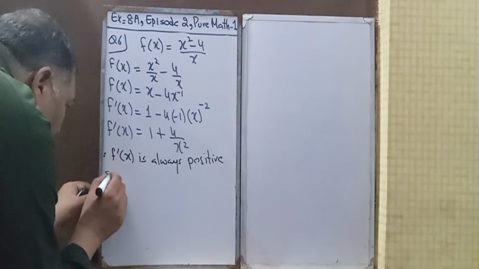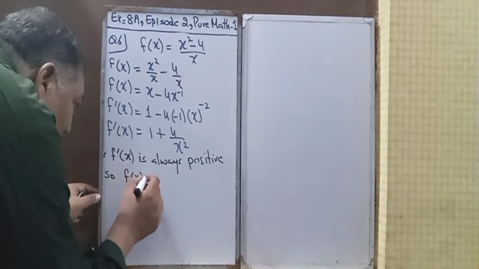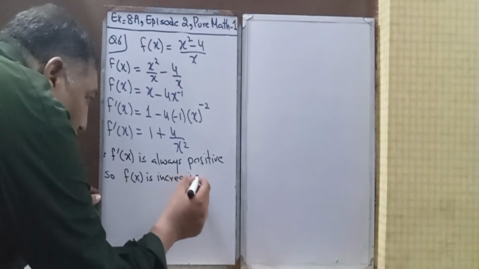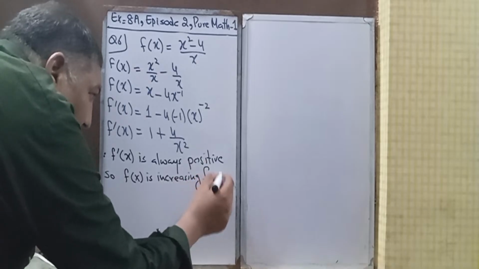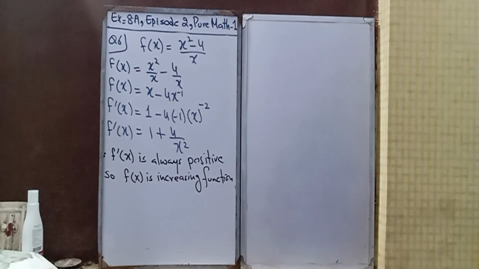So f of x is an increasing function, because its derivative is always positive for all the values of x. That's why I can say that function is an increasing function. So this was question number 6.